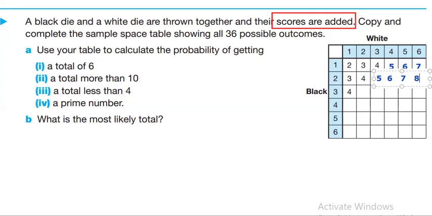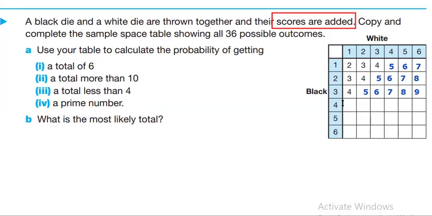And 2 plus 6 is going to be 8. 5, 6, 7, 8. Same. So 5, and then 6, and then 7, and then 8, and then 9.